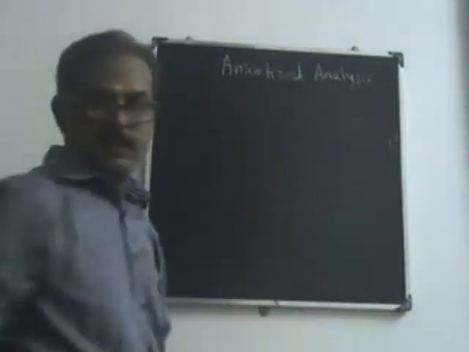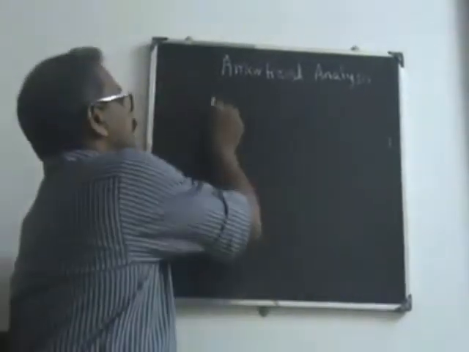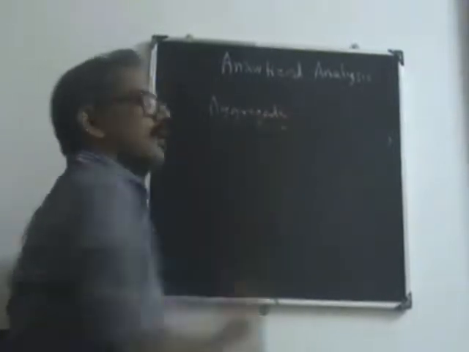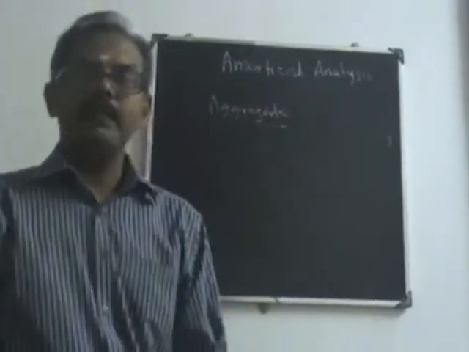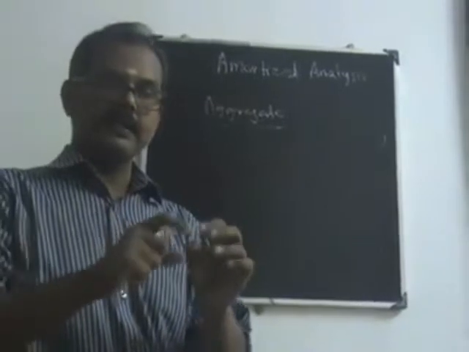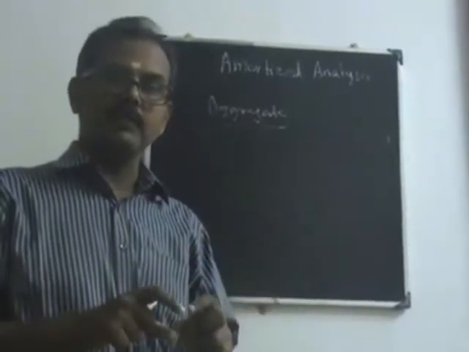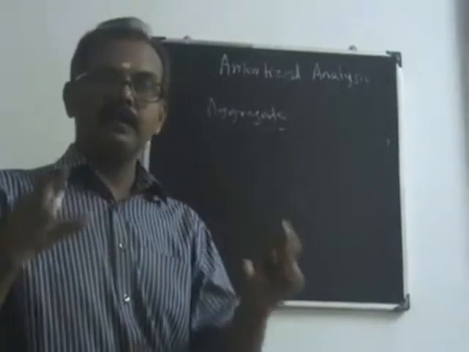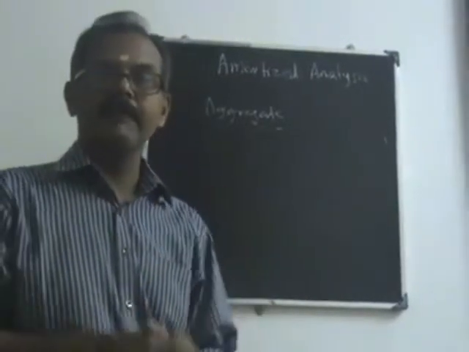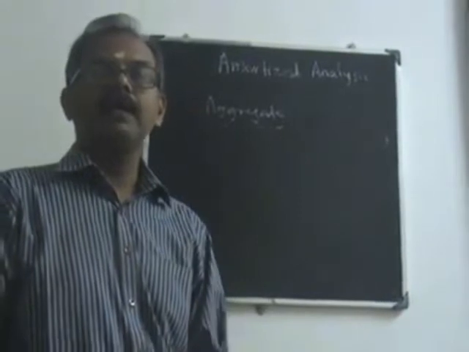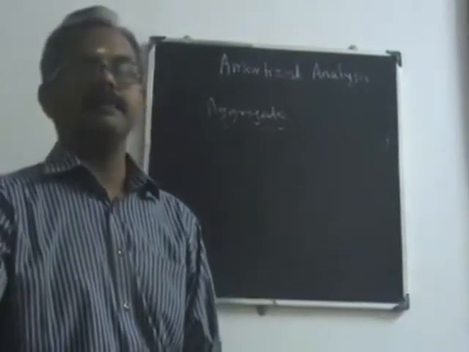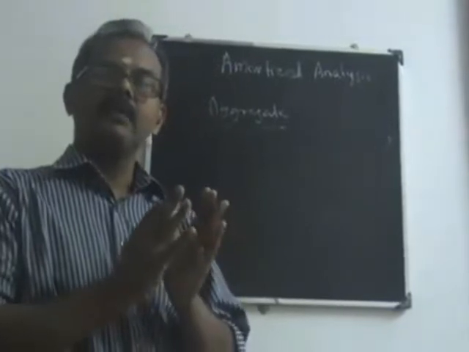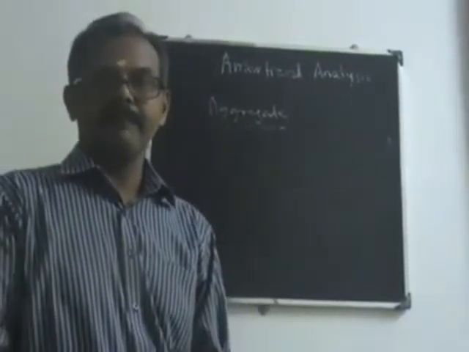First, we take the aggregate method. In the aggregate method, as I mentioned earlier, we take the total cost of all the instructions, and that is divided by the total number of operations. Now here, what is the cost of an instruction?